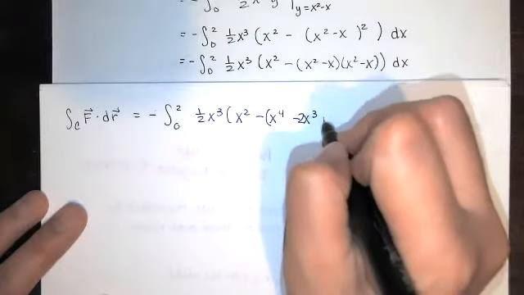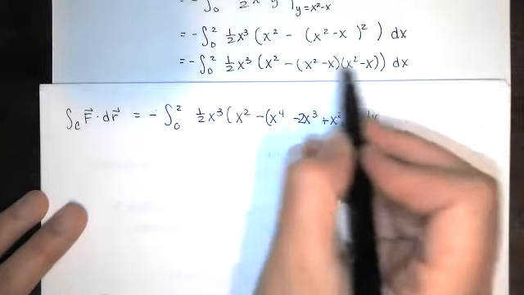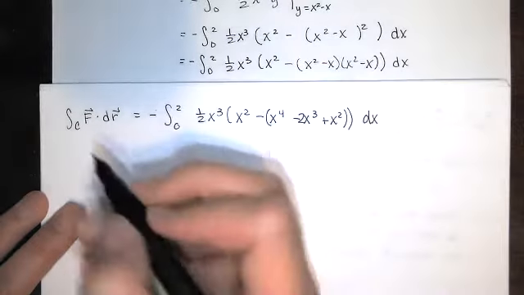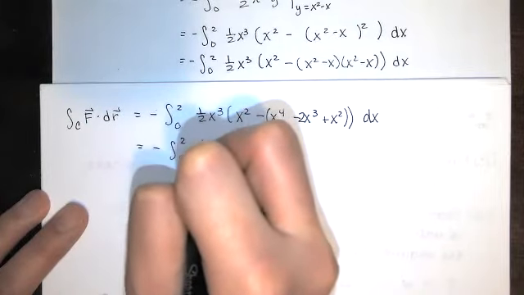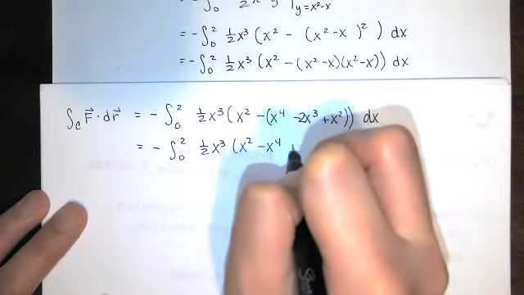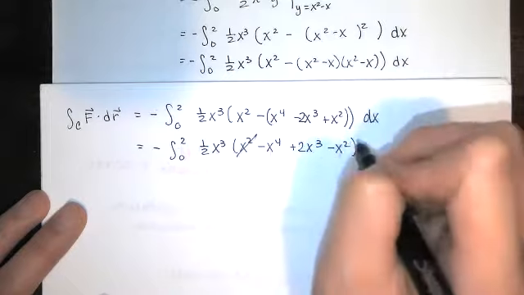Last times last is positive x squared. After you multiply those together, don't forget to multiply the whole thing by that -1. So we distribute the negative. The x squareds reduce.